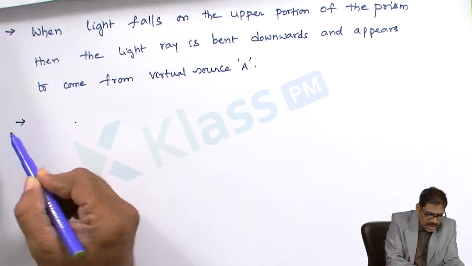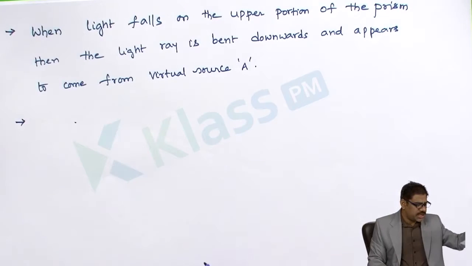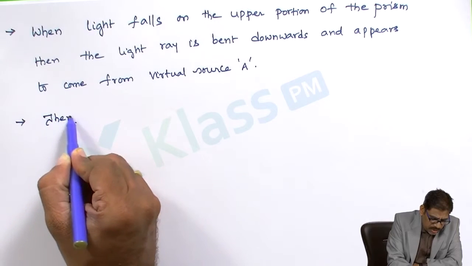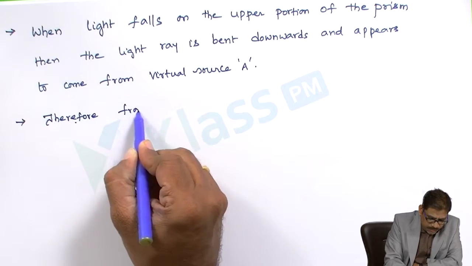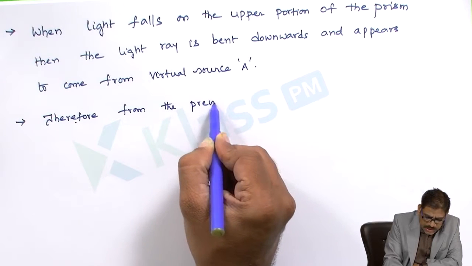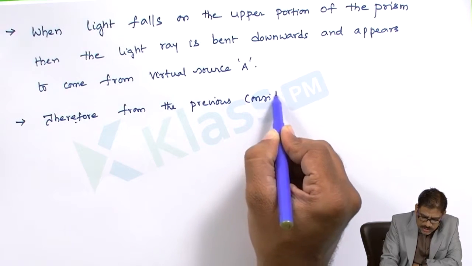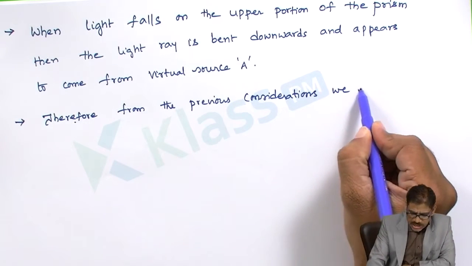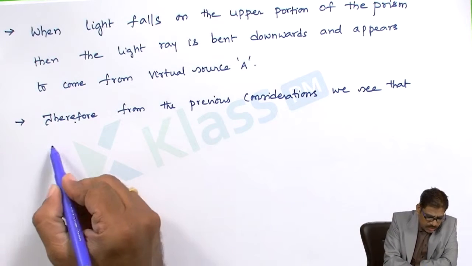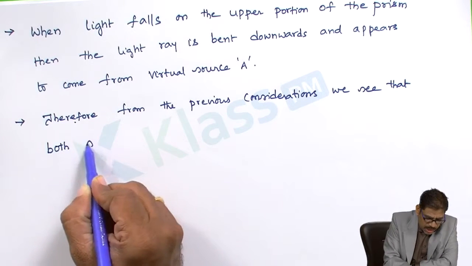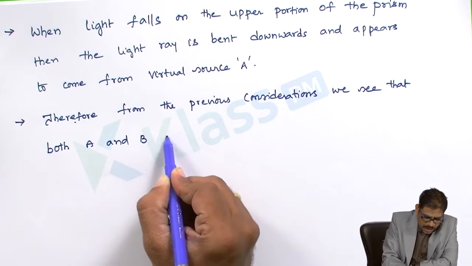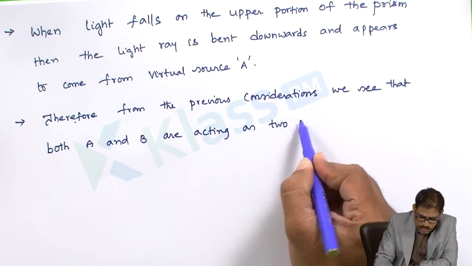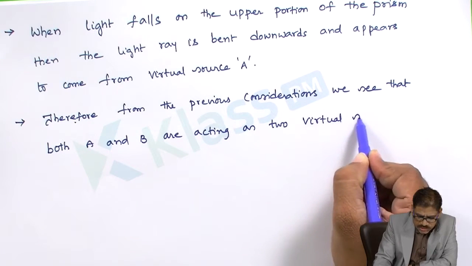Then similarly, from these two respective considerations, therefore, from the previous considerations, we see that both A and B are acting as two virtual sources.